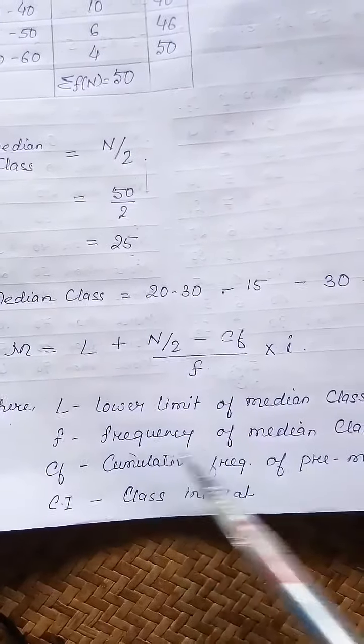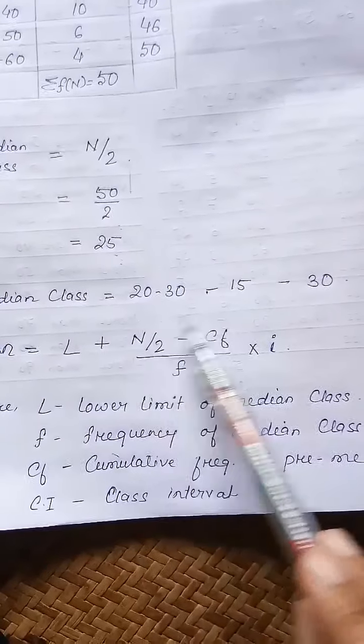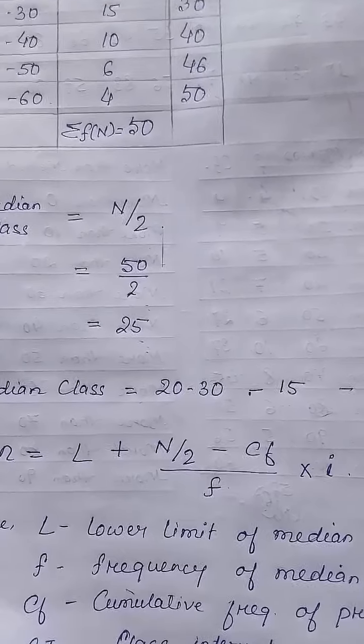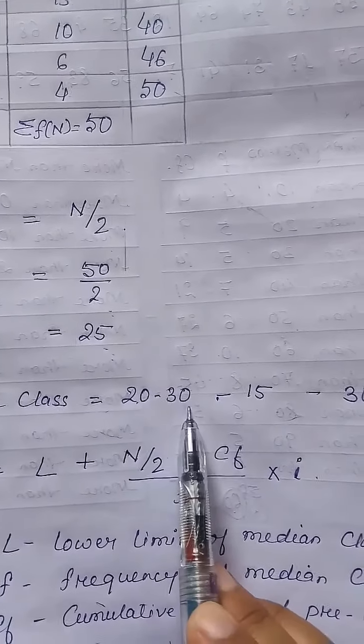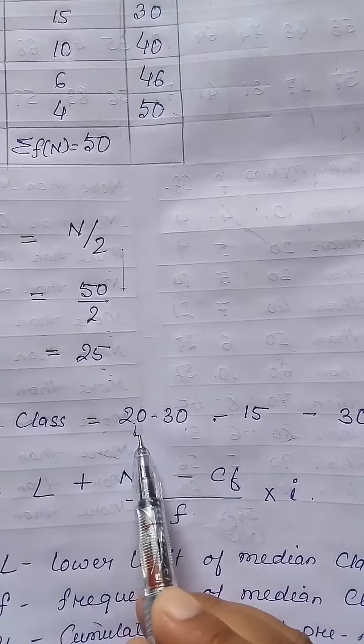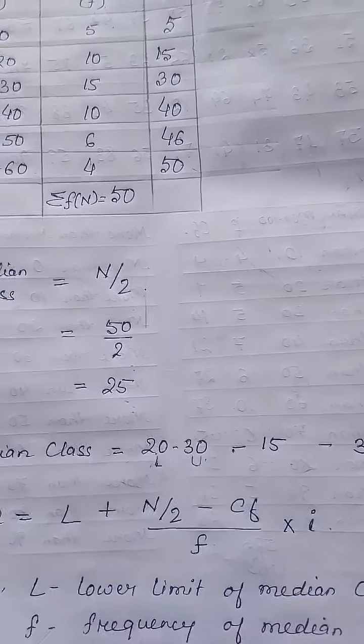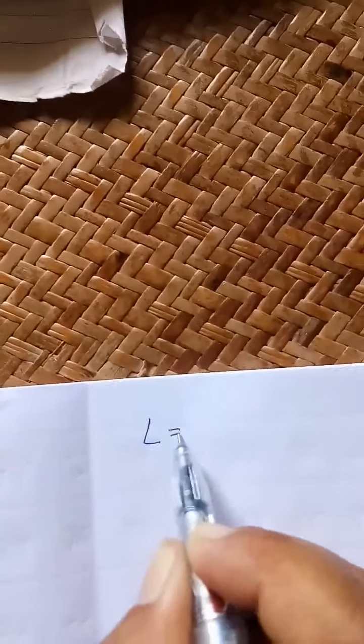L is the lower limit of the median class. We have found the median class, right? The class interval in the median class is 20 to 30, so this is the lower limit and this is the upper limit. So the lower limit is 20, that means L is equal to 20.